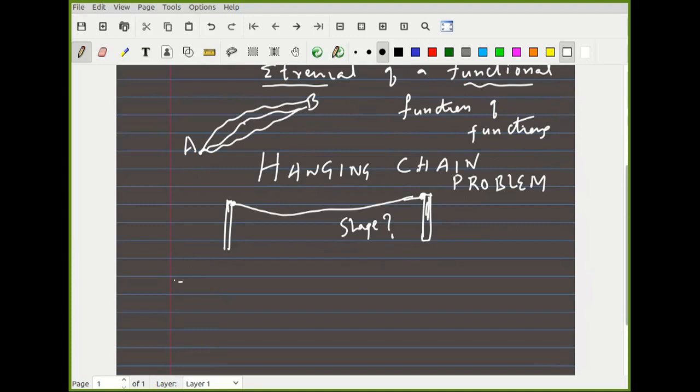So the system of forces that we have here is in static equilibrium. It's in static equilibrium, which means there is no net force acting on the system, and there is also no motion.